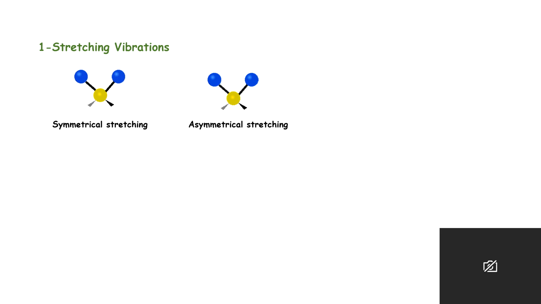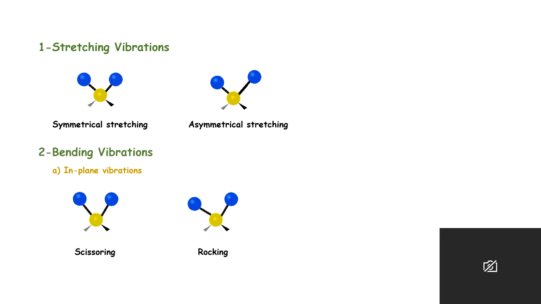The stretching vibration is further divided into two parts, the symmetrical stretching and the asymmetrical stretching. In symmetrical stretching, both bonds are either stretched or contracted in the same direction, whereas in asymmetric stretching one bond is stretched and one bond is contracted.